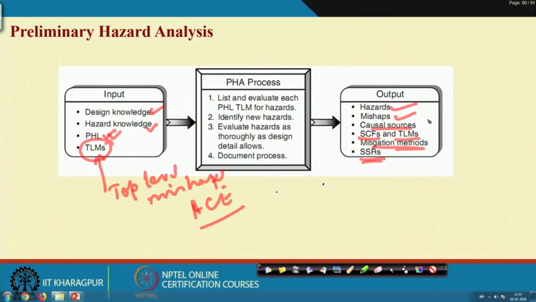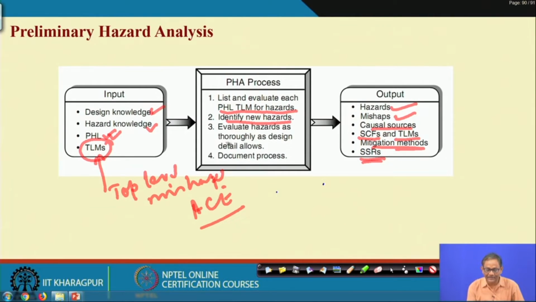And how do you do this PHA process? List and evaluate each PHL top level mishap for hazards. You have PHL 1, PHL 2 like this. In the missile system there are 50 PHLs, preliminary hazards. For every PHL there will be some top events, top level mishaps, so you have to list all of them. Then you find out if there are any new hazards.